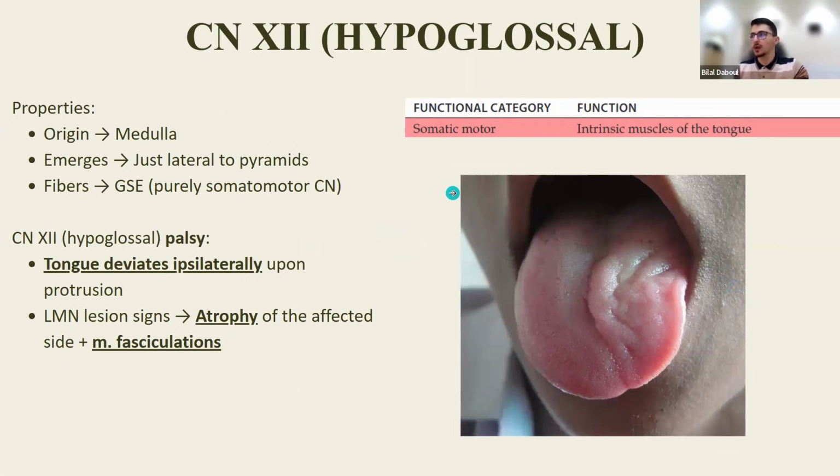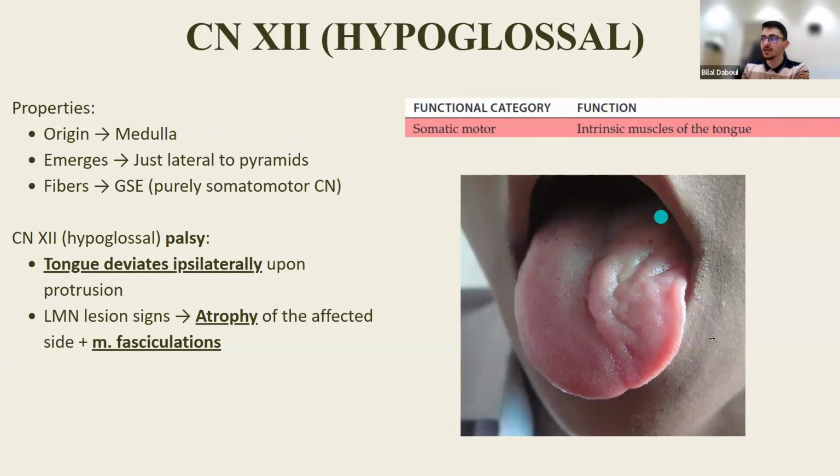Now, finally, the final cranial nerve and its associated lesion, the hypoglossal, again, supplying the intrinsic muscles of the tongue, GSE, general somatic efferent. It arises just lateral to the pyramids, in between the pyramids and the olives. Again, in hypoglossal palsy, the tongue would deviate to the same side of the lesion. This is very important. If you notice here, I asked the patient to open his mouth, and this is the left side, this is the right side.